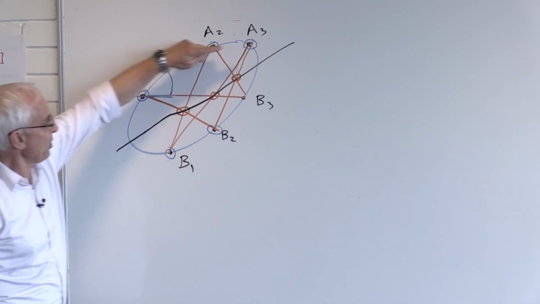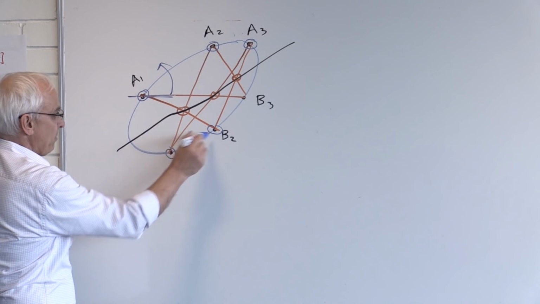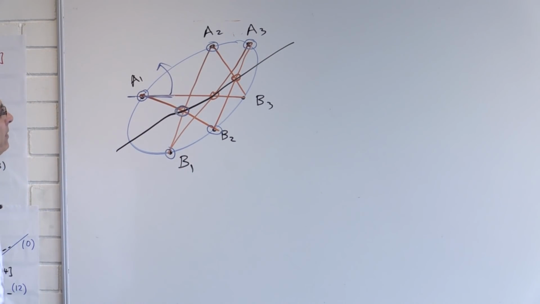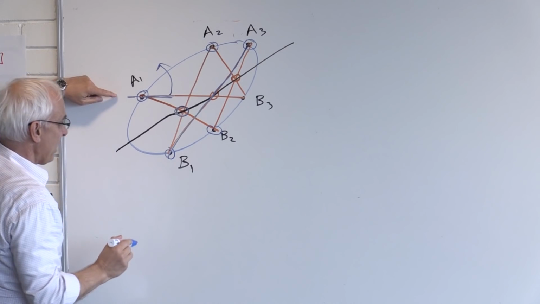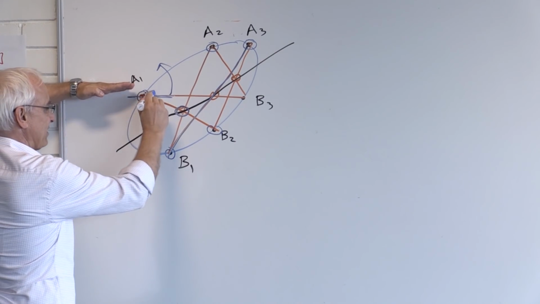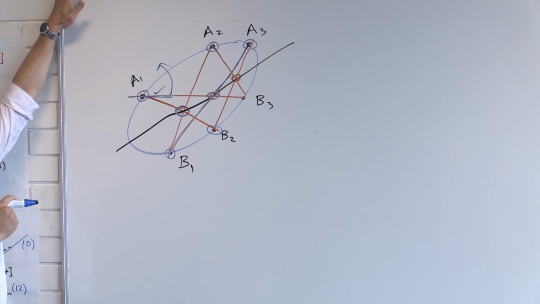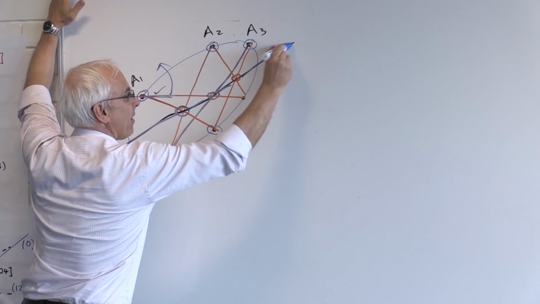Well, if these points are known, A1, A2, A3, B1, B2 are known, then this point, which is the intersection of these 2 lines, is known, so we'll color that. And this line is known. And if we're agreeing that this line is fixed, and so therefore known, then we know this point. And having these 2 points, we now know this line here.